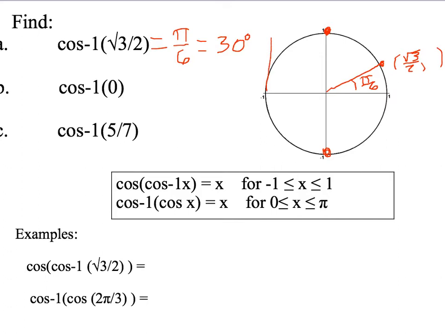And since our possible range of values for cosine comes from the first and second quadrant, the only possible answer for this would be pi over 2. Our range of values eliminates the other as a possibility, and so it's pi over 2 radians or 90 degrees.